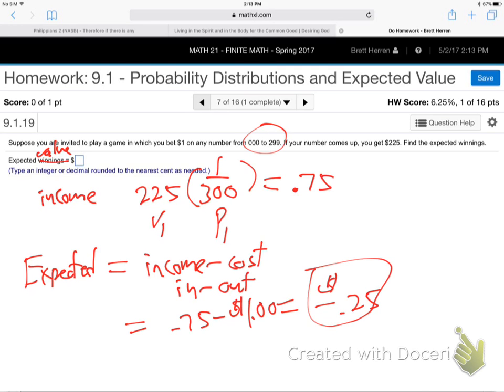You're losing 25 cents. Everybody see how we're doing that? Losing 25 cents on average. No questions? We good? All right, so you just take the value times the probability, get that number, and subtract the cost of the game.